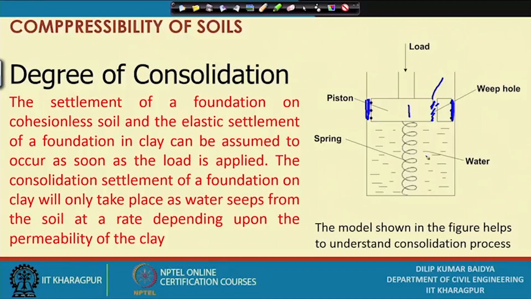When it comes out, the volume reduces, and because of this volume reduction the piston goes down, and the additional pressure goes to the spring. That is the way the load is finally transferred to the spring.